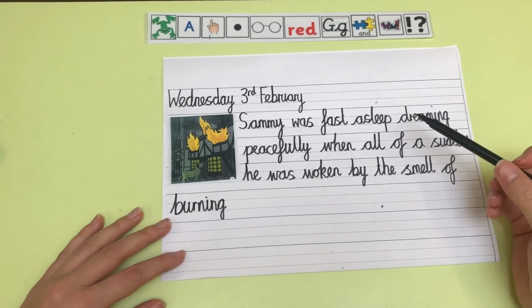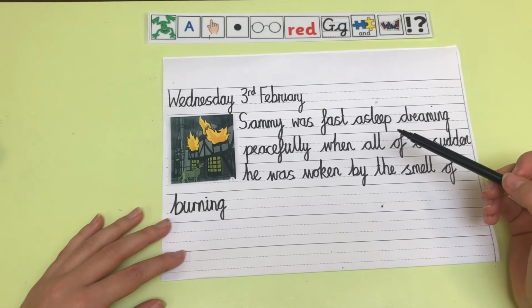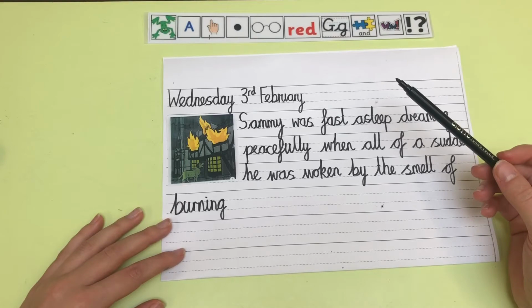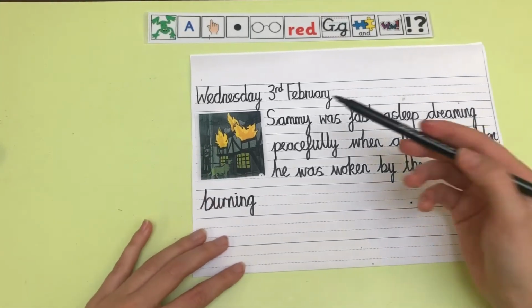And then I'm going to say that he saw the blazing fire raging through the street, because he is on the street. We know he's on Pudding Lane.